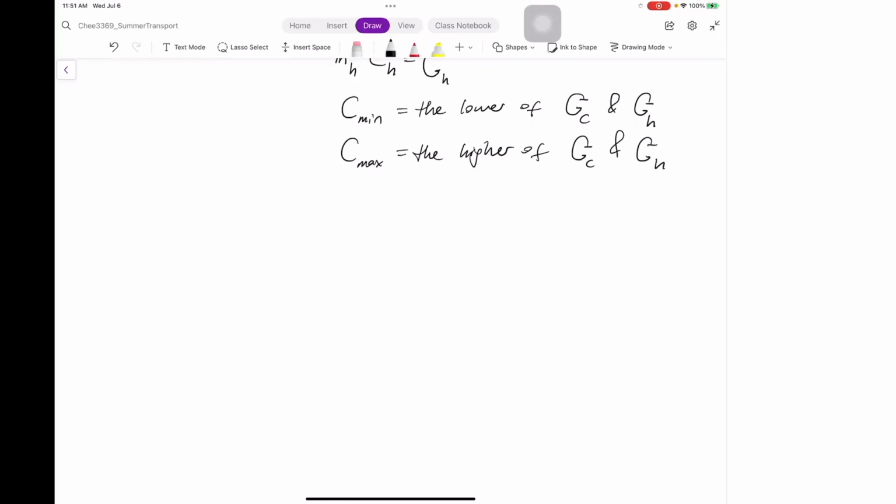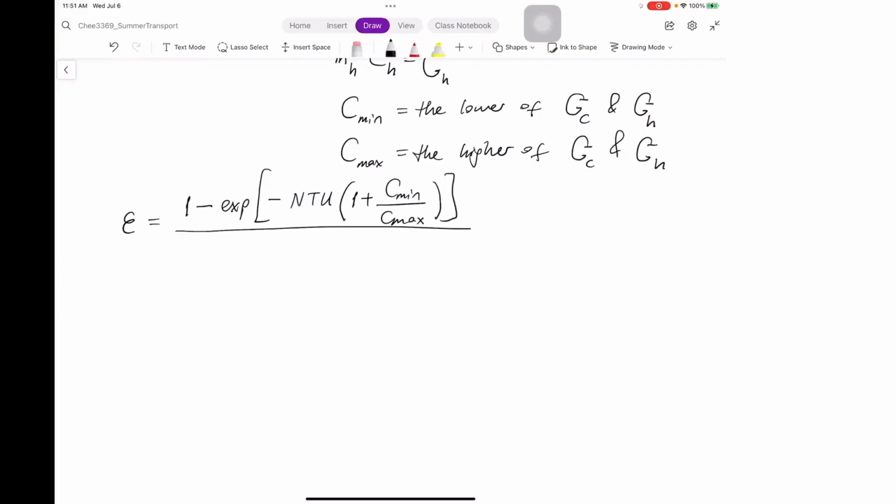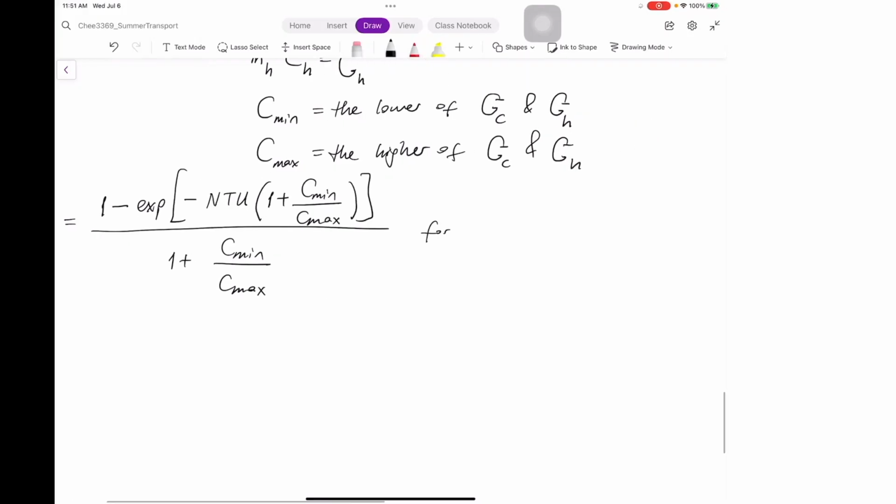okay? And then the epsilon takes the form 1 minus exponential minus number of transfer units times 1 plus C_min divided by C_max, divided by 1 plus C_min divided by C_max for concurrent flow. Okay.